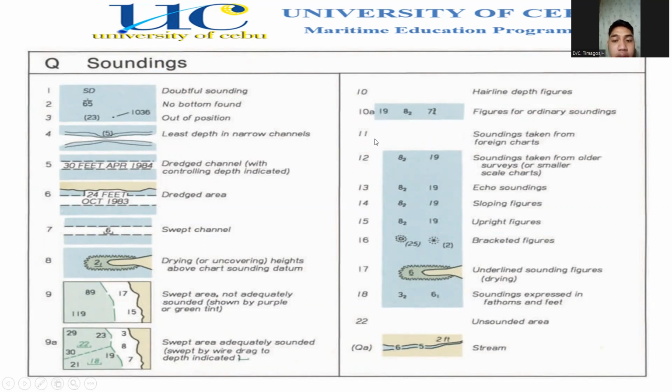And the list of depths: narrow channels, dredged channel with controlling depth, dredged area, swept channel, drying or uncovering heights above chart sounding datum, swept area not adequately sounded shown by a purple or green tint, swept area adequately sounded, swept by wire drag and depth indicated. On the other side are hairline depth figures, figures for ordinary soundings, soundings taken from foreign charts, soundings taken from older surveys, echo soundings, slanting figures, upright figures, bracketed figures, underlined sounding figures, soundings expressed in fathoms and feet, and unsounded areas. Next slide, please.